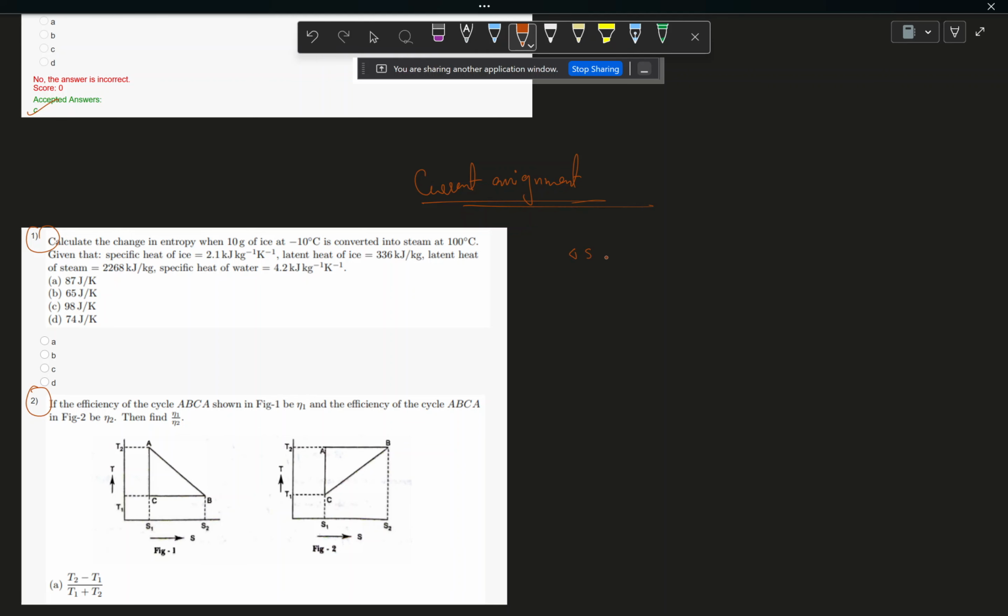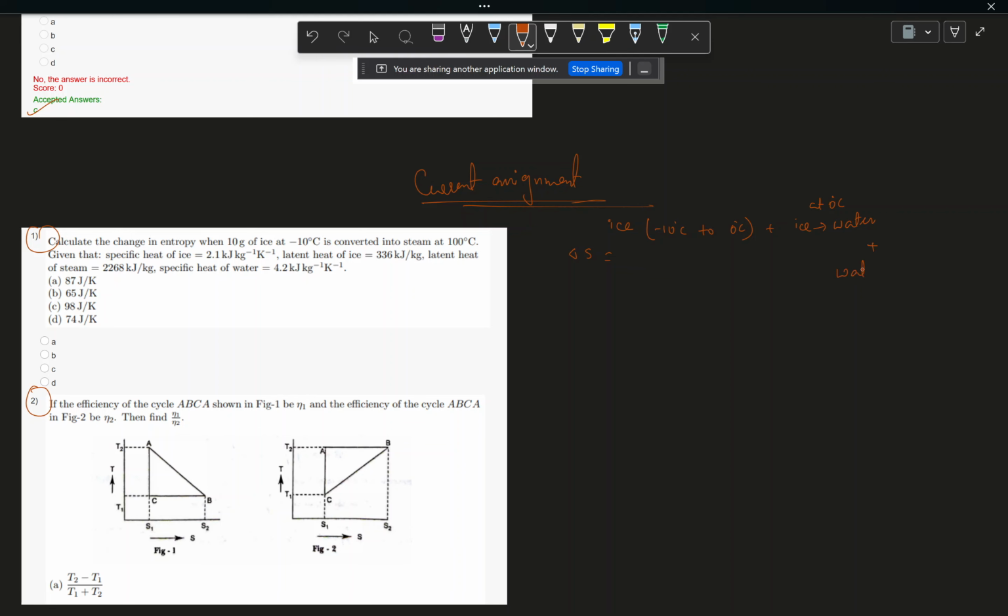So entropy change can happen by two things. One is change in temperature and the other is heat absorbed in a change in phase. So in going from ice to steam, you go through several steps. One is the ice temperature changing from minus 10 degrees centigrade to 0 degree centigrade. Then the phase change maintains the same temperature of 0 but changes your phase to water.